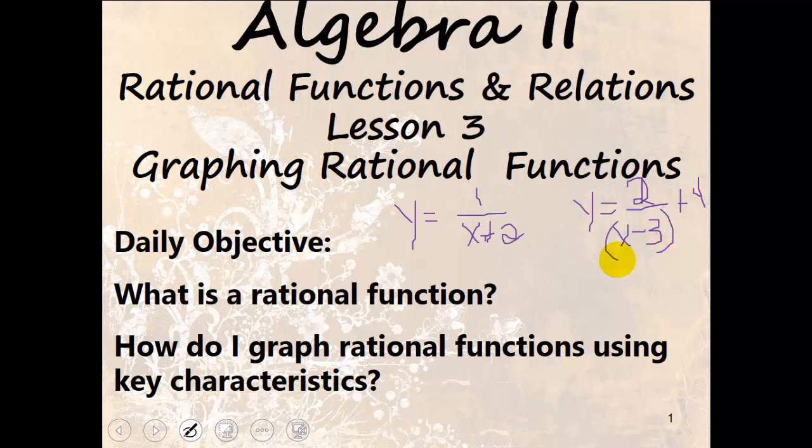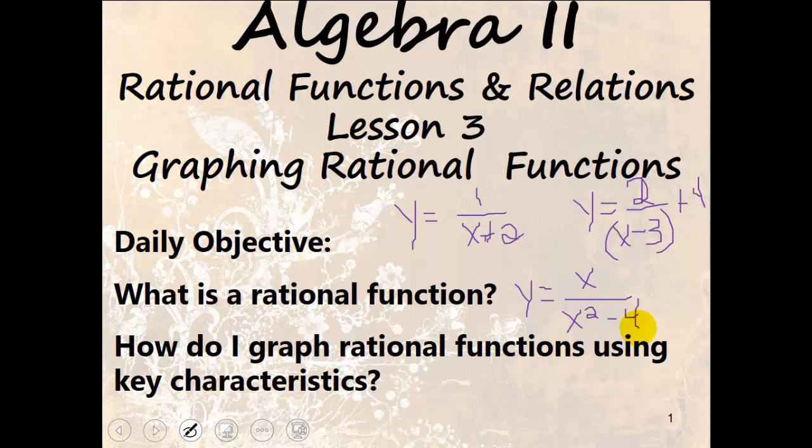Those were reciprocal functions. These are the simpler forms, a subset of rational functions. Now we're going to have a polynomial over a polynomial, like that. And we're going to look at some key characteristics to help us graph it.